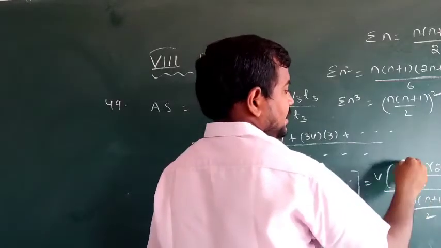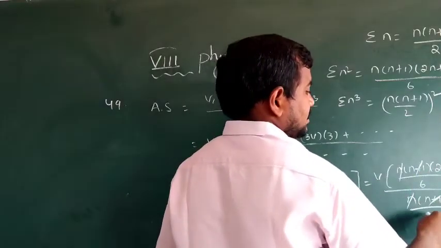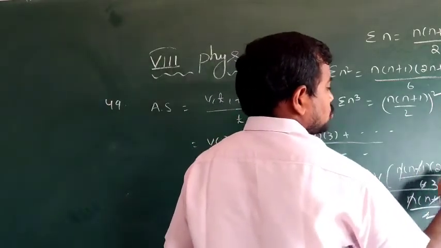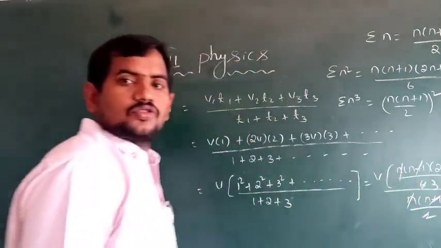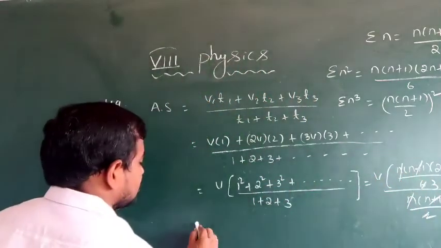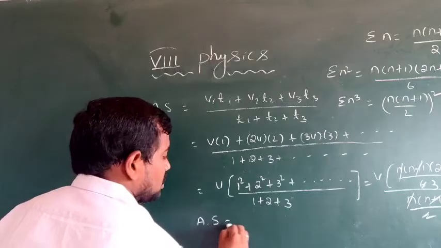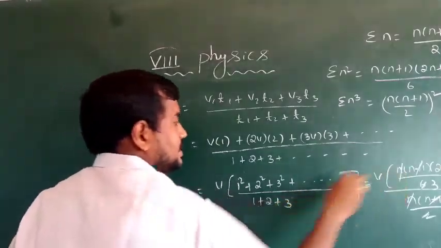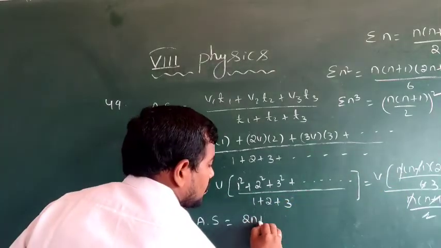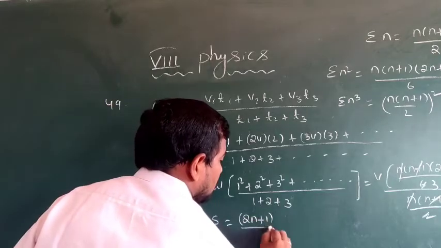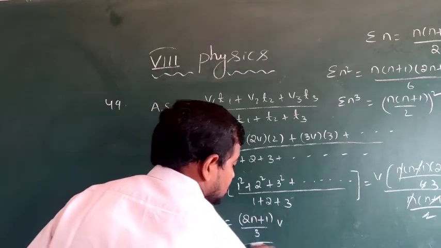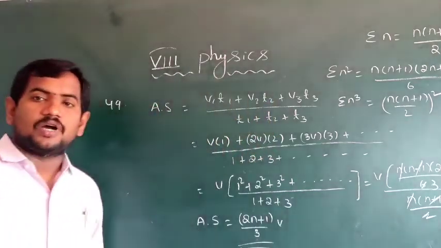So n gets cancelled, n plus 1 gets cancelled, 2 and 1 there, 2 and 3 there. So the average speed is 2n plus 1 by 3 into v. This is the answer. So like this we have to solve.